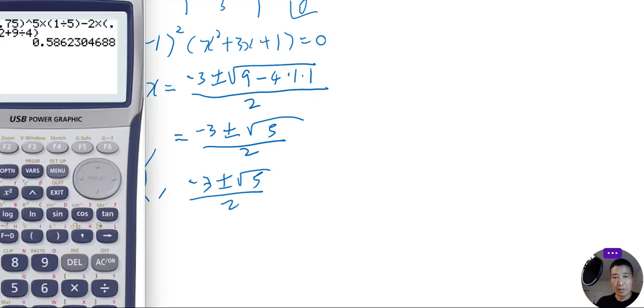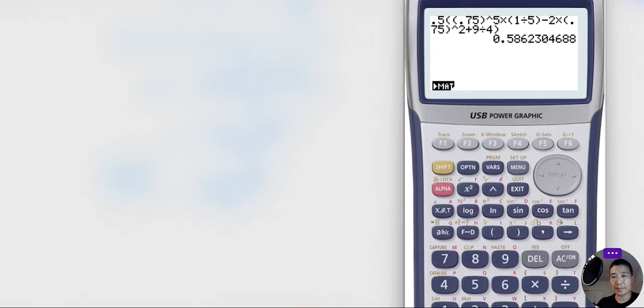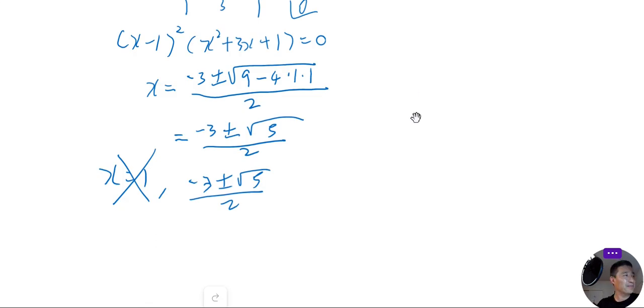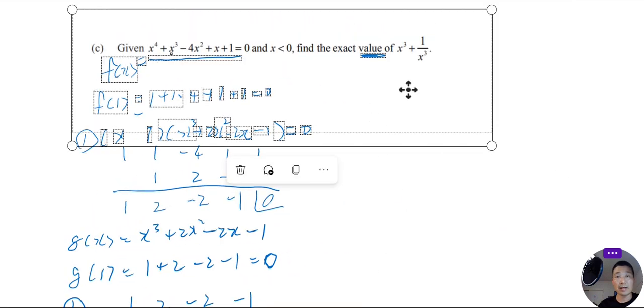So I assume when I calculate this, it will end up the same number. So I will open up my calculator. I will just calculate A. So, negative 3 plus square root of 5 divided by 2. And do you remember what is being asked is not just the value of x, but x cubed plus 1 over x cubed.